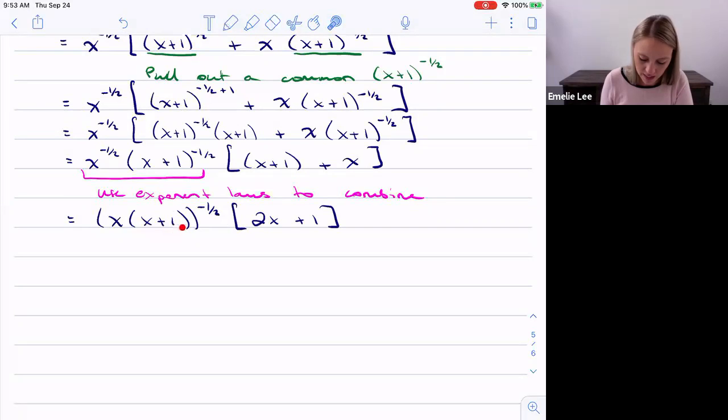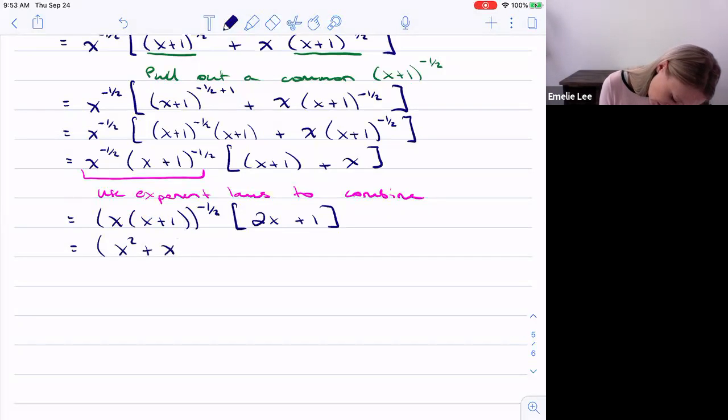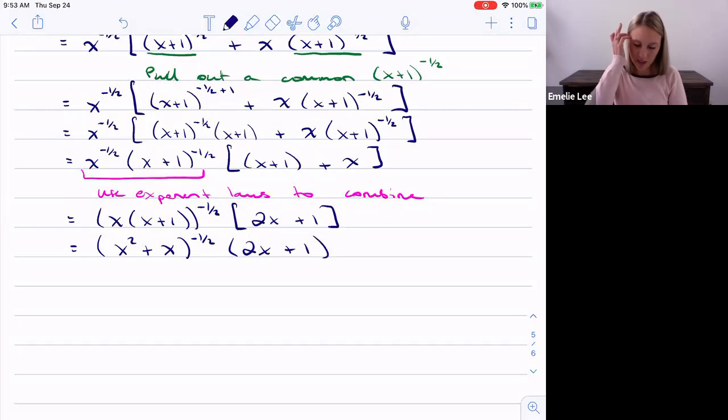And even inside here, you can leave it as x times x plus 1, but it might look nicer expanded out: x squared plus x. So this is x squared plus x to the power of negative 1/2 times 2x plus 1. Now we've factored.